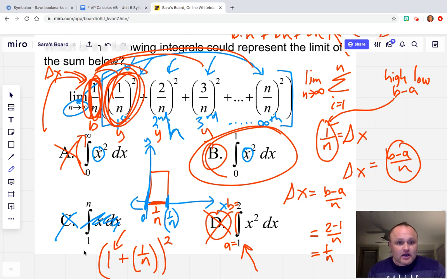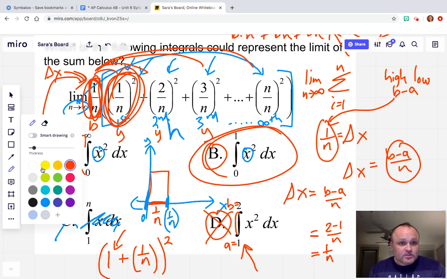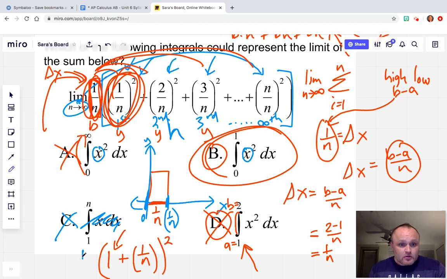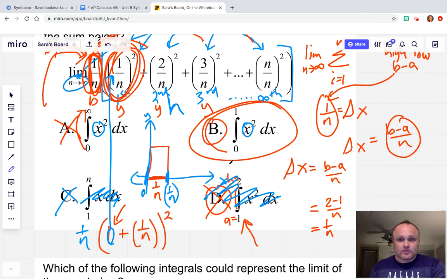Then you have multiplied by each width, which in this case would be base times this red height, starting at 1. So we didn't start at 1, we started at 0, because there's like an understood 0 right here inside that parentheses, and it's 0 plus 1 over n. So B would be the answer there.